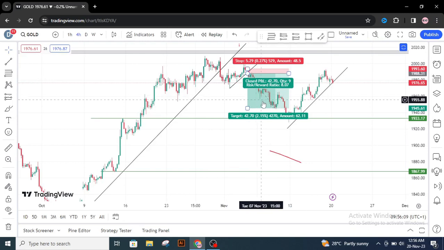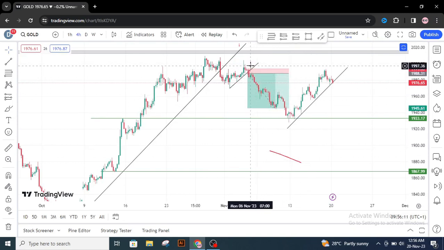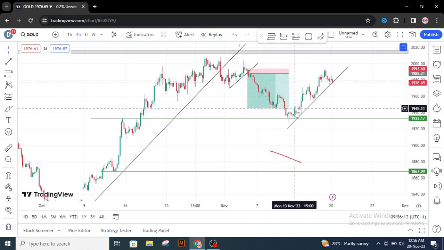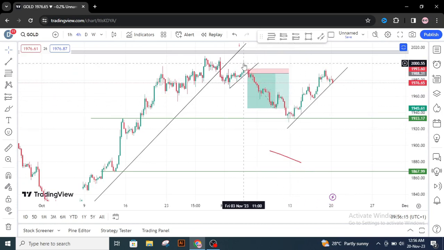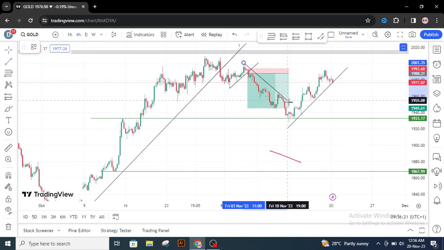All right. So if I want to capitalize on this again, I can put my trend line again. I can actually put it here too, and also take this trade.